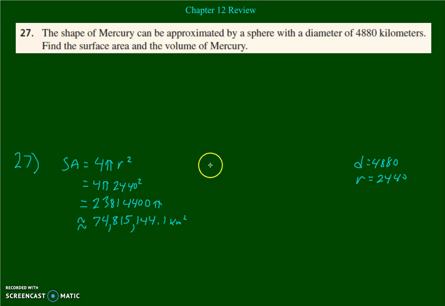All right, volume is 4/3 pi r cubed, which gives us 4/3 pi 2440 cubed. And I'm just going to go to the approximate value here.